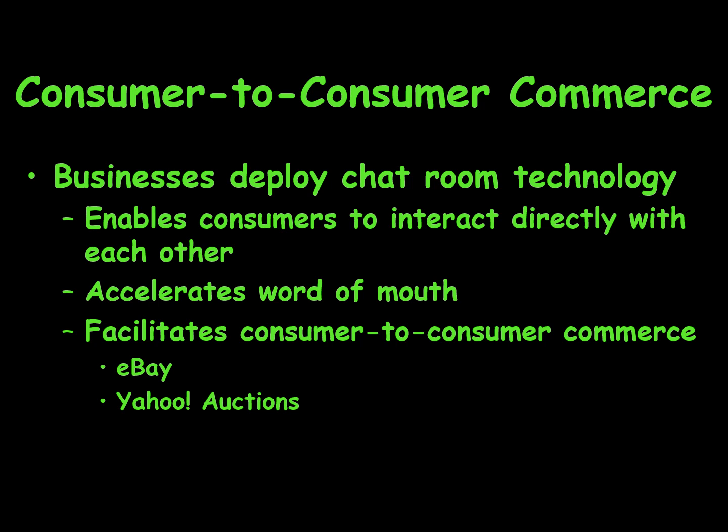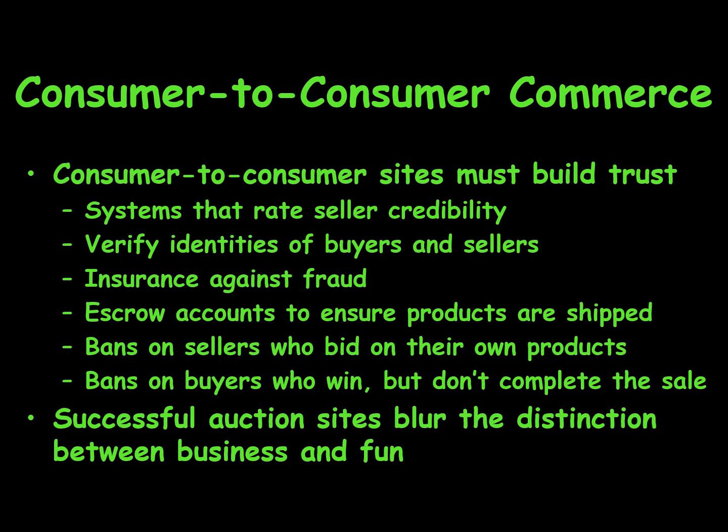Let's move further. Consumer to consumer commerce. Consumer to consumer sites must build a trust system that rates seller credibility, verifies identities of buyers and sellers, provides insurance against fraud, escrow accounts to ensure products are shipped, and a ban on sellers who bid on their own product.